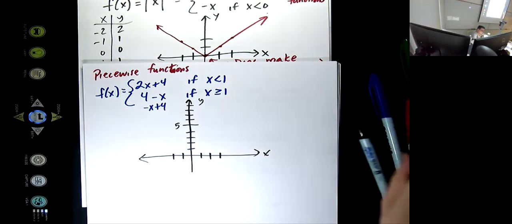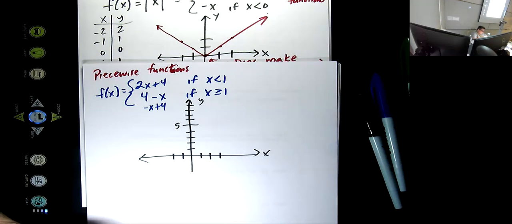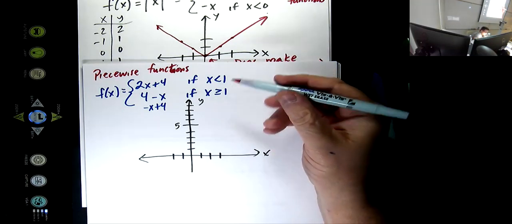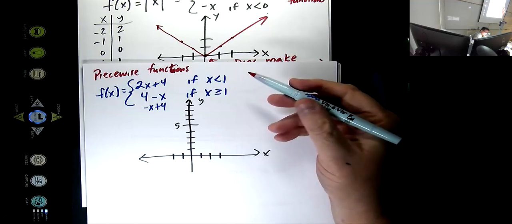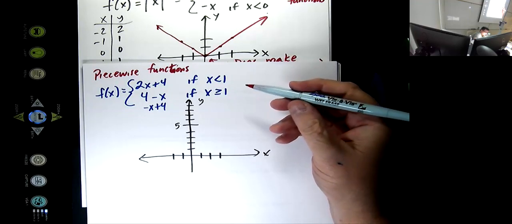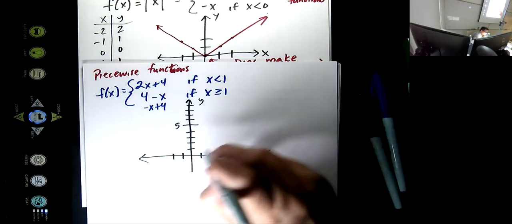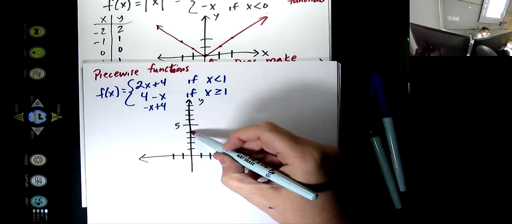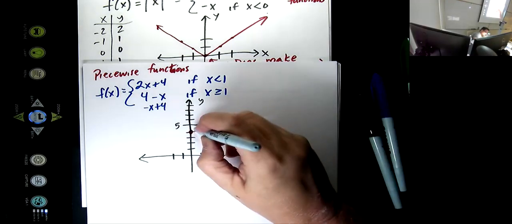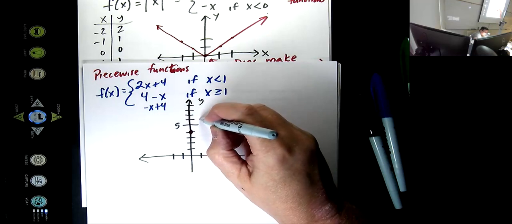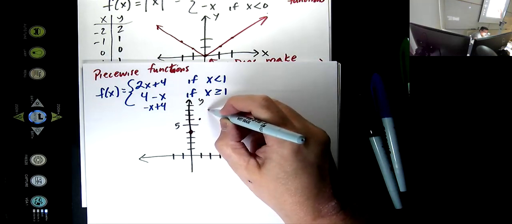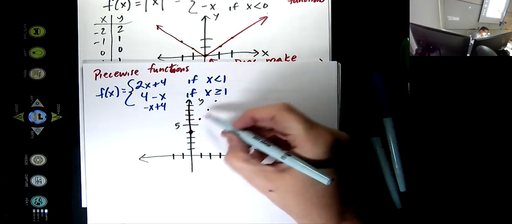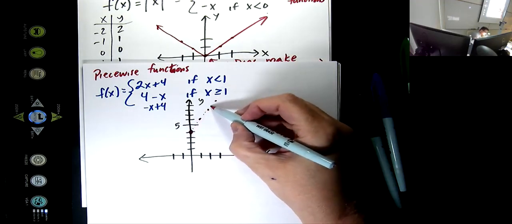So one way of doing it is I would recommend using like a pencil first, making it light. Do both lines completely. I'm going to do dots. I think it's better if you have dots. So 2x plus 4 crosses here and it's got a rise of 2 and a run of 1. So this is doing this.